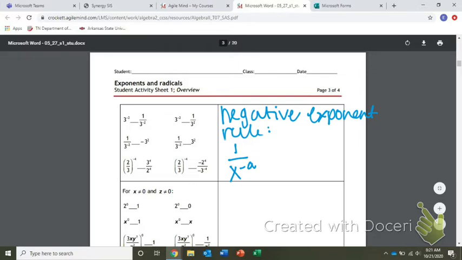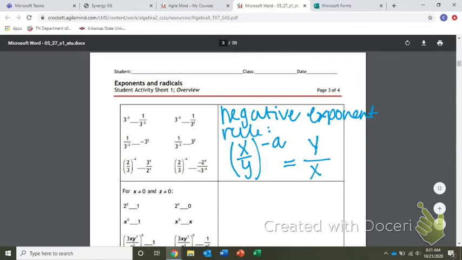But remember, we don't like negatives. So I swap that to x with a positive a exponent. The last one, all right, the last one is if I have, let's say a fraction, my fraction is going to be x over y, and I have a negative exponent. Here's what you do.